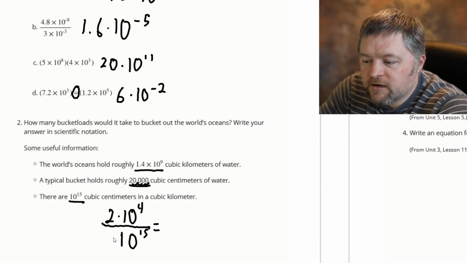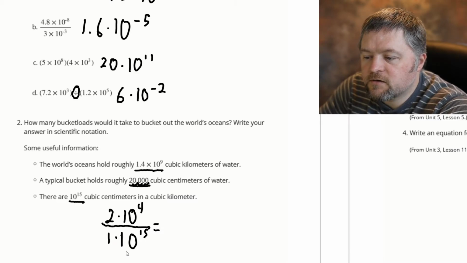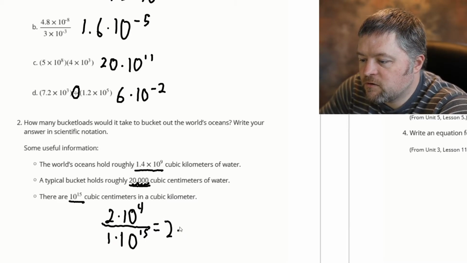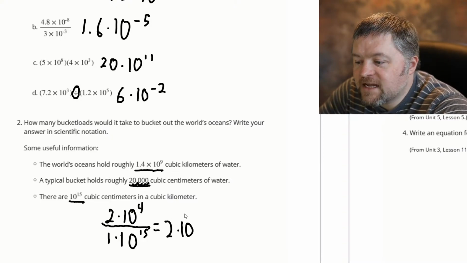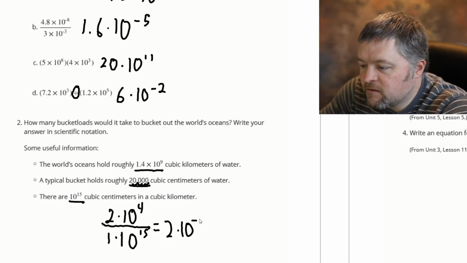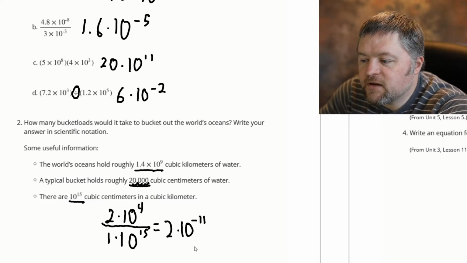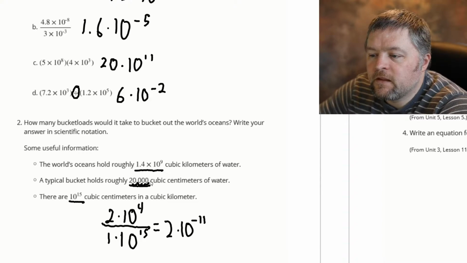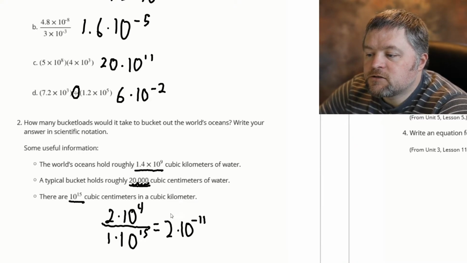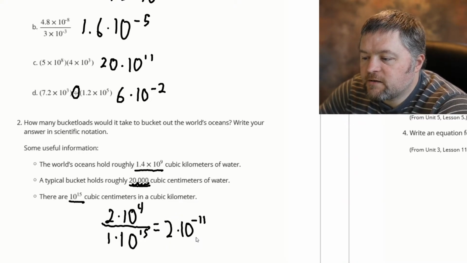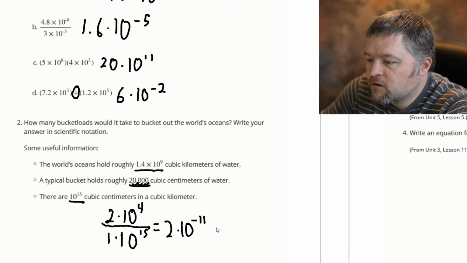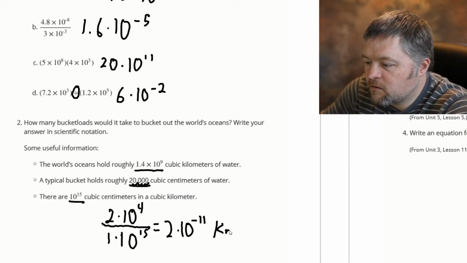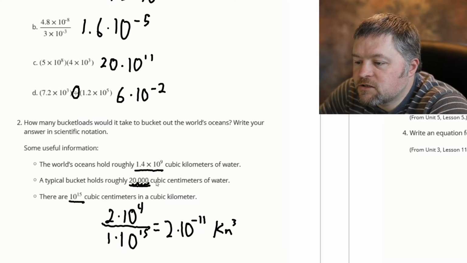No number here, so that would be 1. 2 divided by 1 is 2 times 10 to the power of 4 subtract 15 is negative 11. So now we know it is 2 times 10 to the negative 11 cubic kilometers per bucket.